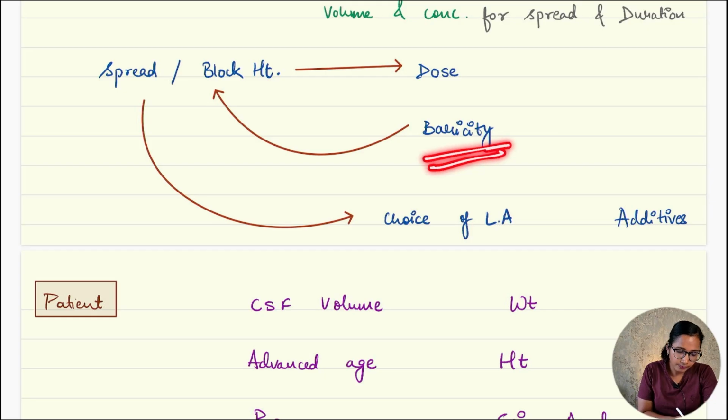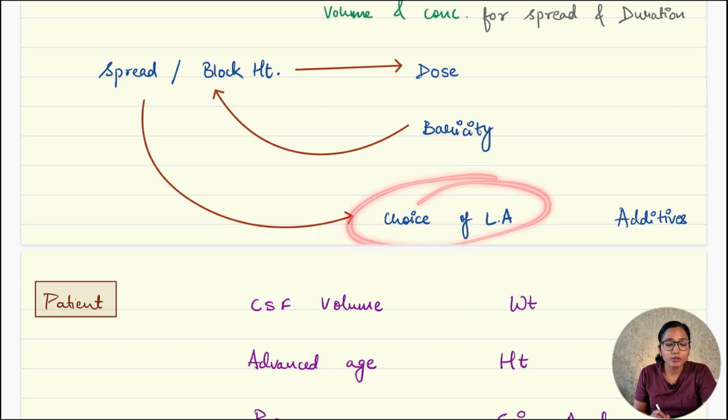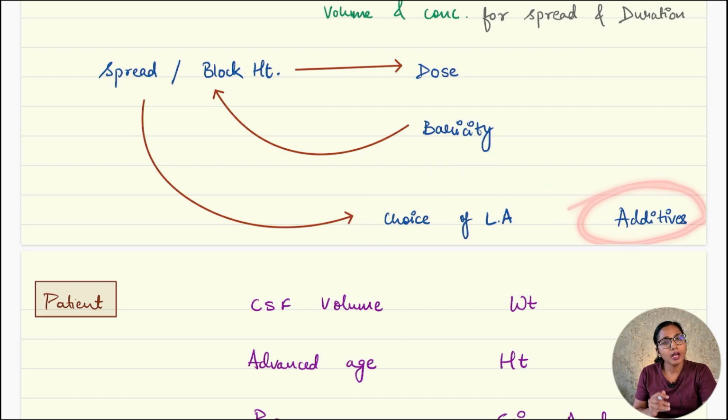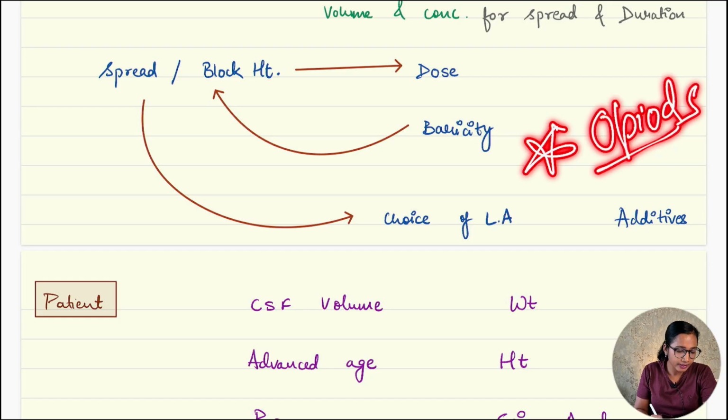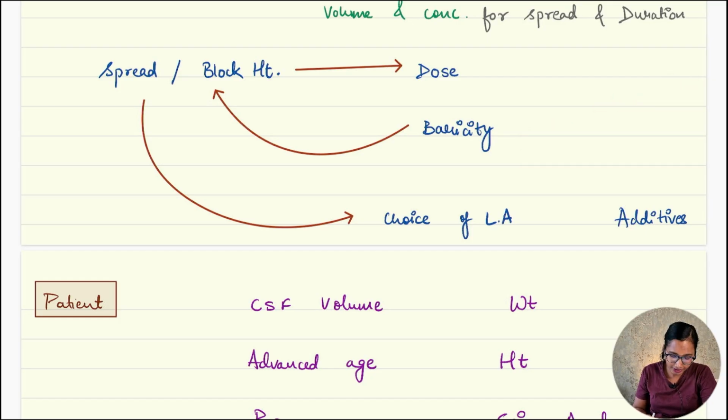For spread and block height, the choice of local anesthetic has no effect. Adding an additive has no effect on spread and block height, except there is an exception: opioids. Opioids affect spread and block height.